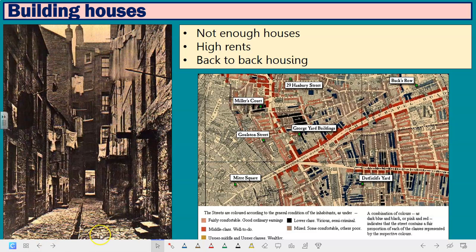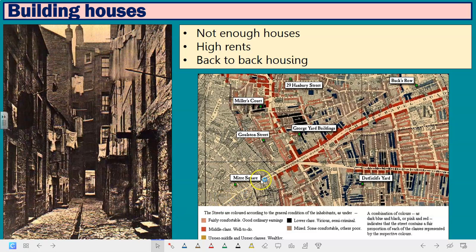So this would be kind of the inside. None of them would have any gardens or anything like that. They would be really close together, really cramped in. And in some areas it was so close together, so these alleyways would be so close together that you couldn't even spread your arms out without touching a building on either side. So it's really nasty, really dark and damp conditions.